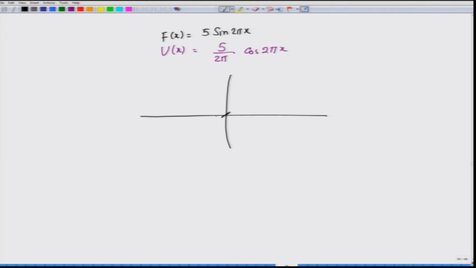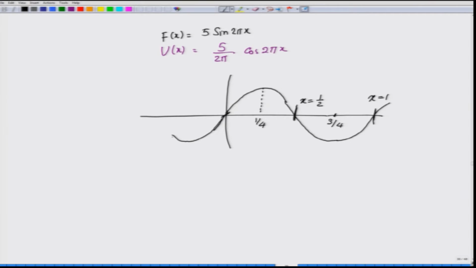Force is 0 at 2 pi, goes up, comes down, becomes negative, and so on. This value is x equals 1, this is x equals half, this is x equals 1 by 4, this is 3 by 4. On the negative side also the same thing happens. This is negative here and then goes up and comes down.